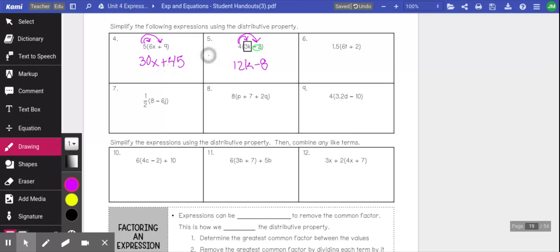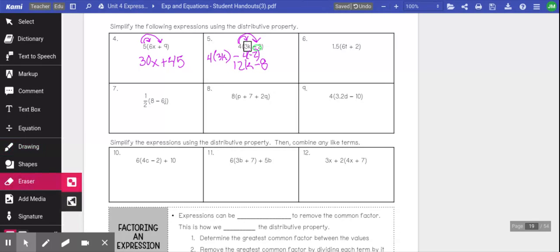And again, just to show exactly what that problem looked like, it would be 4 times 3k, and then I would also have 4 times negative 2. Sorry for adding in that extra sign there. 4 times negative 2. And I would just be combining the first problem with the second problem so that I end up with a simplified expression. Hope that helps.